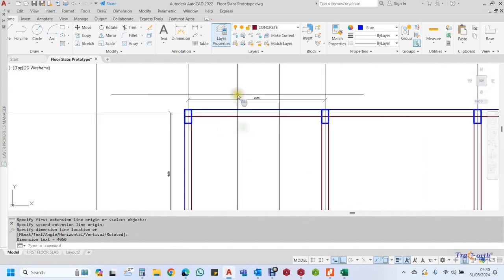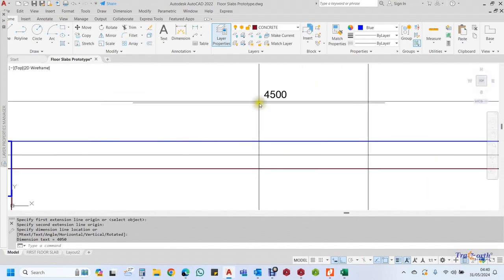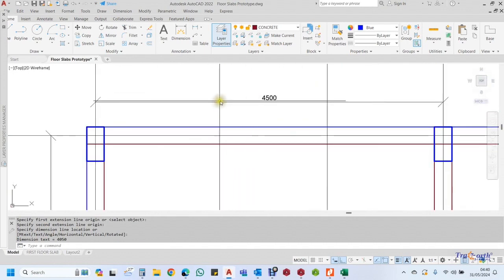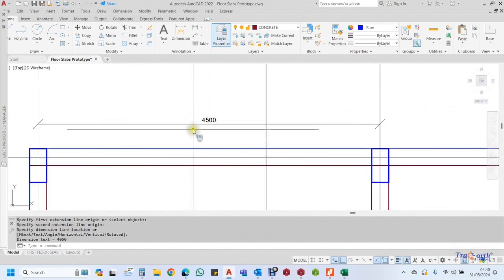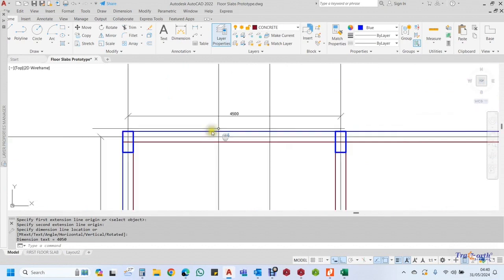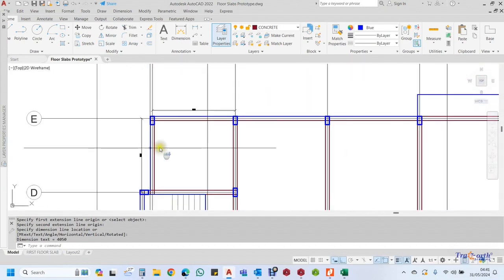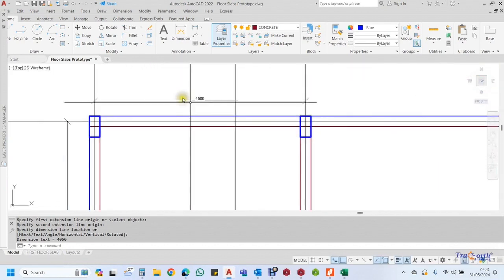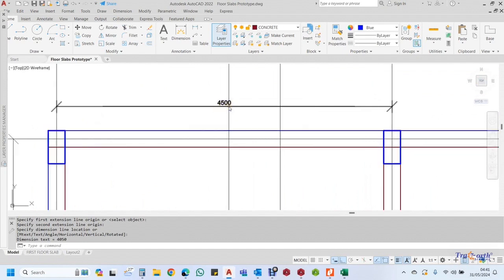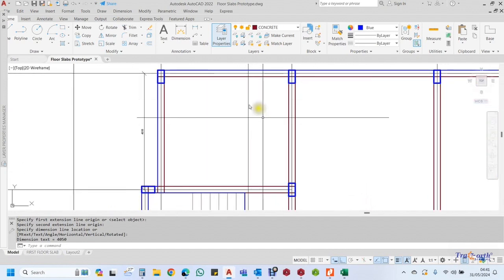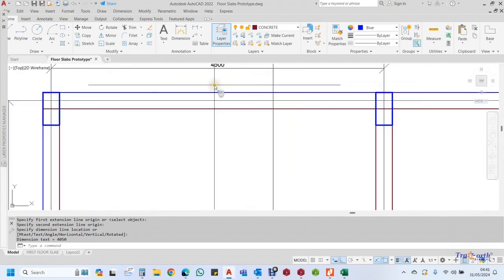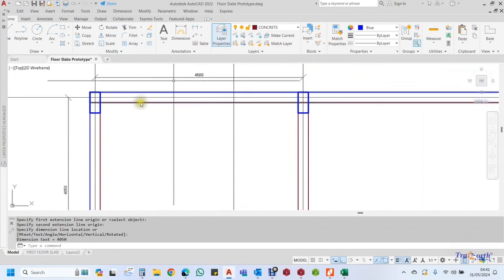So when you divide this, of course, this is our Ly, and this is our Lx. When you divide your Ly by Lx, what do you have? You have a K factor that is less than 2, meaning we are going to be designing this as a two-way slab. So the next thing we need to determine is our edge conditions.